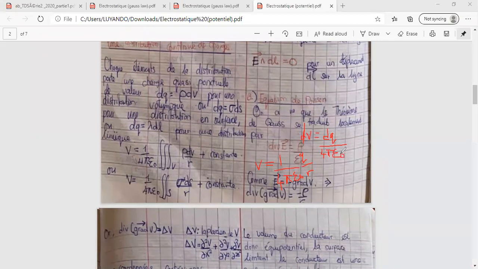Now we're trying to calculate the potential at each dq. If we want to calculate the total potential from this small charge, we're going to integrate to have V. So we're going to have V equals, since this is a constant, 1 over 4 pi epsilon 0.